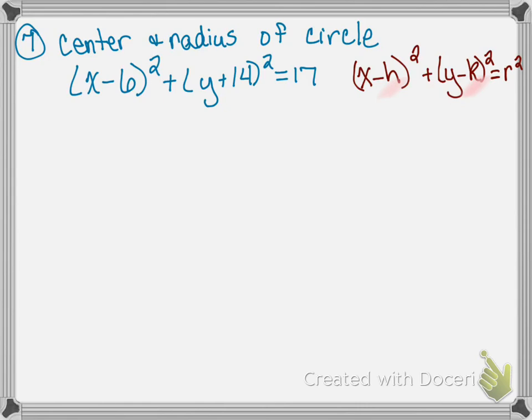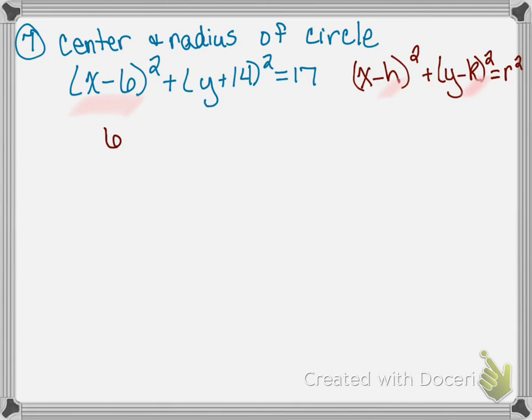So in this one right here, I have x minus 6 squared. In the formula, we have x minus h. So our h value is the 6. It's not negative 6, it's just the 6. So the h value for this circle is the 6.